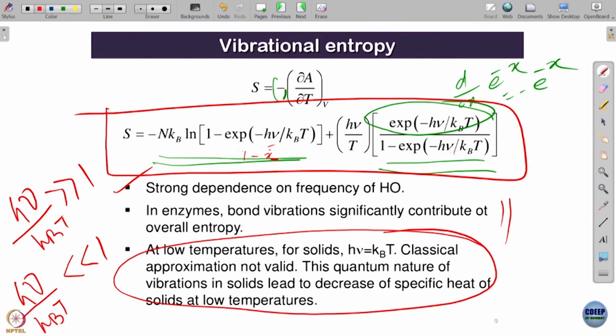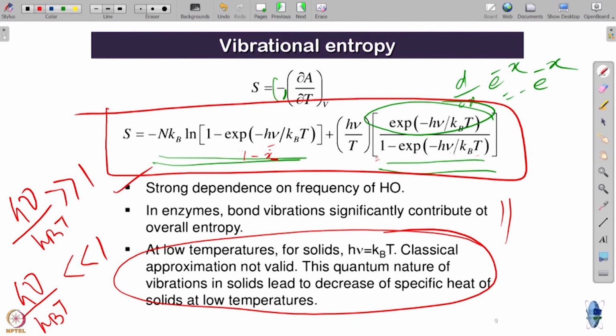Now let us look at this quantity. Now h nu by kBT is small, so again I can expand that. This will become 1 minus x, and the 1 gets cancelled. I get h nu by kBT coming out from here with a plus sign in the denominator. I said 1 minus h nu by kBT, but since h nu by kBT is much less than 1, I can neglect the next term.